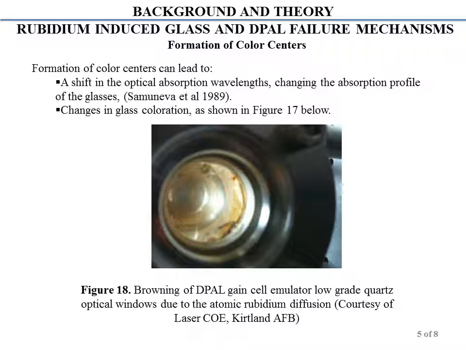The change in the glass coloration is shown in the figure below, which essentially shows browning of the DPAL gain cell emulator. In this case, this is quartz, and it is due to atomic rubidium diffusion.